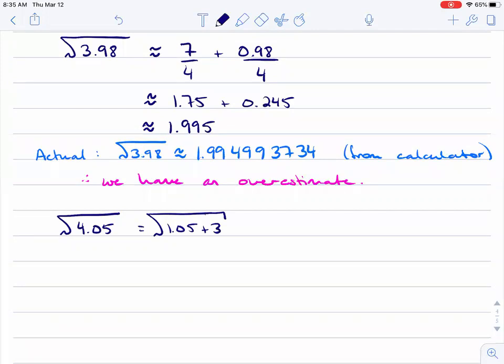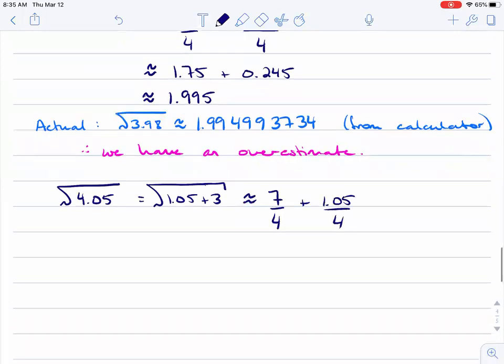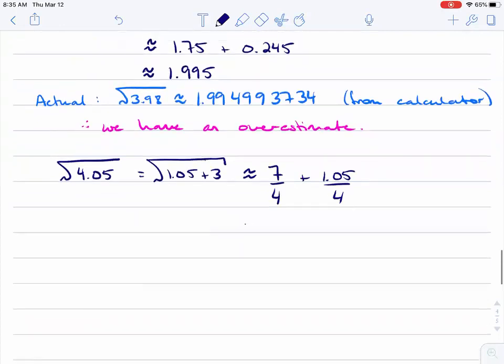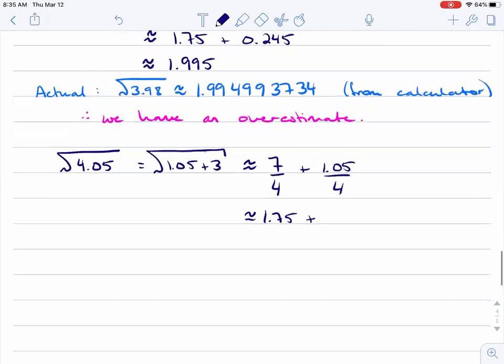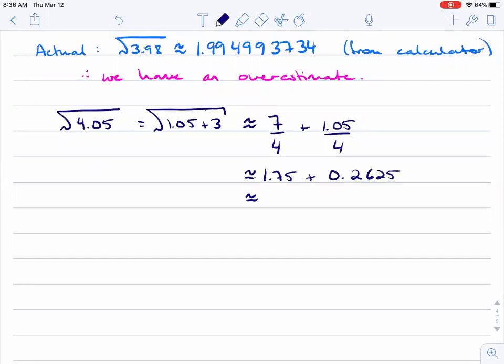Which again, I'm going to assume is close enough to 1 to get a reasonable approximation. But we'll see. So this is going to be 7 over 4 plus 1.05 divided by 4, which again is 1.75 plus 1.05 divided by 4, which is 0.2625 plus 1.75. Get roughly 2.0125.